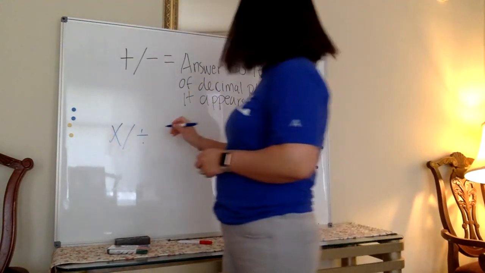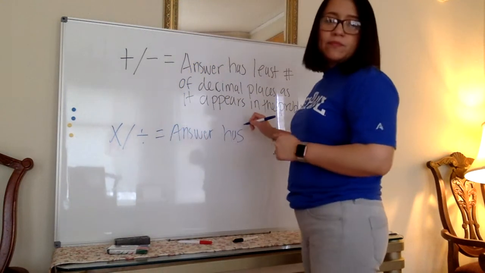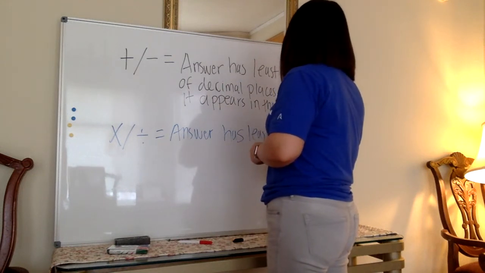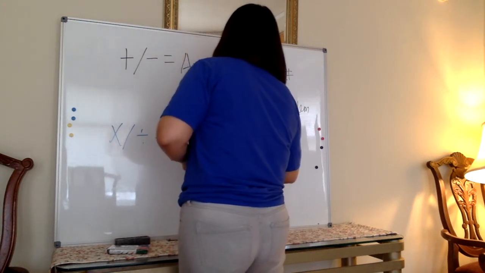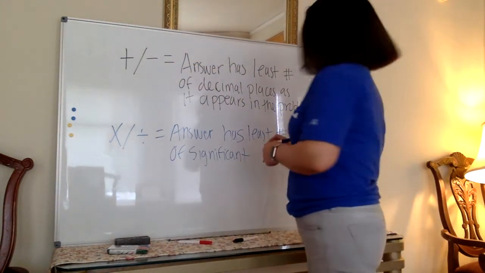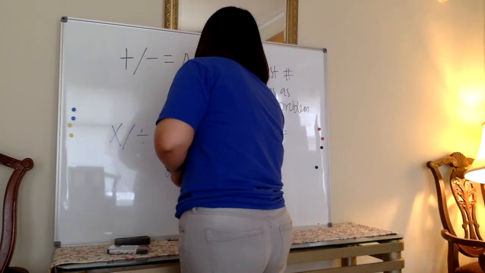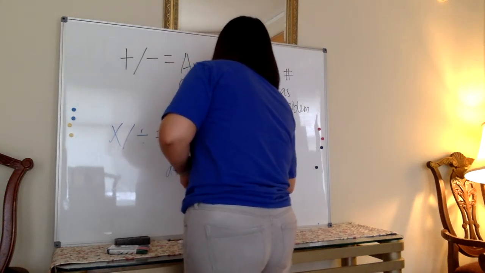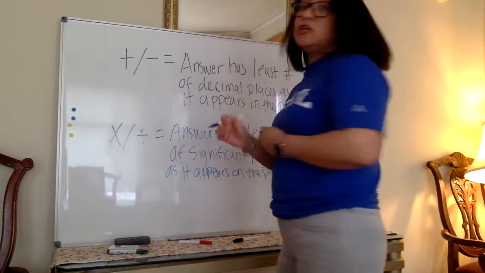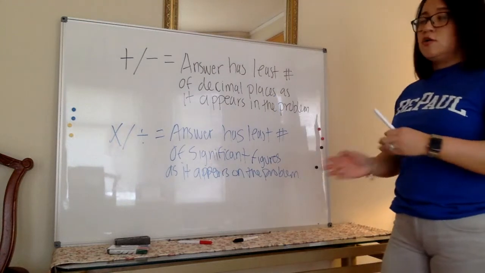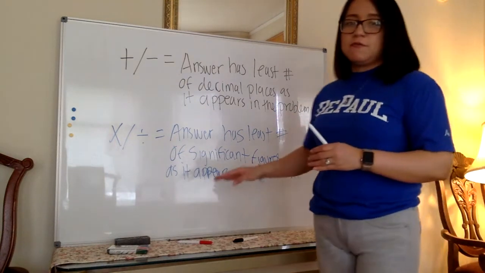So your answer should have the least number of significant figures as it appears in the problem. So for multiplication and division, you're looking at the whole number set. So which number has the least number of significant figures? That's how many significant figures your answer should have.